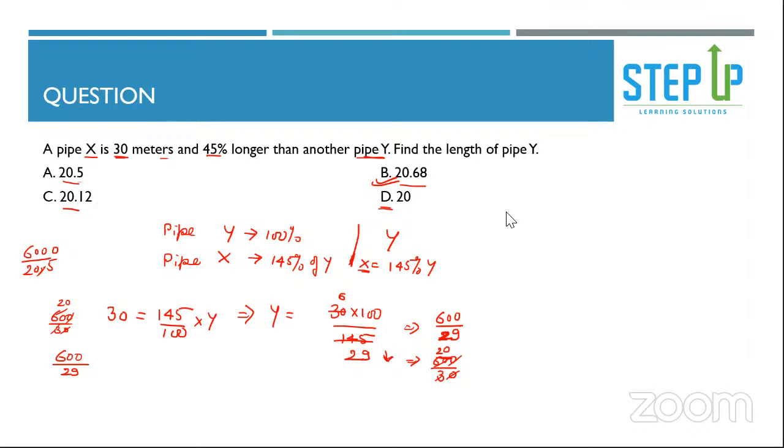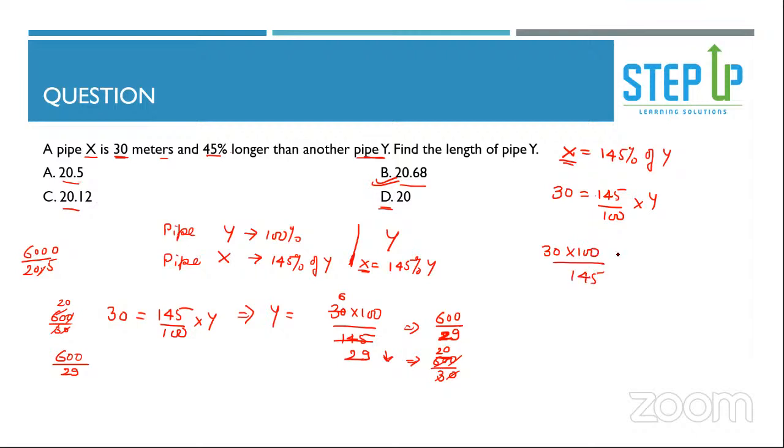Do you want me to explain again? Okay. So it is in this way. X is 30 meters, which is 145% longer than pipe Y. So it means that X is nothing but 145% of Y. So 30 is equal to 145 by 100 of Y. This number is not getting cancelled by 3.